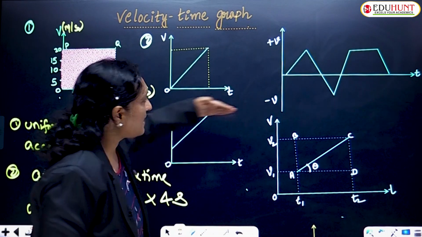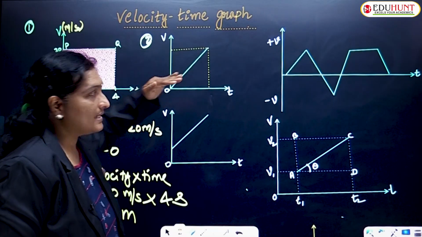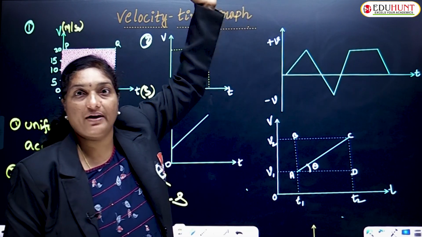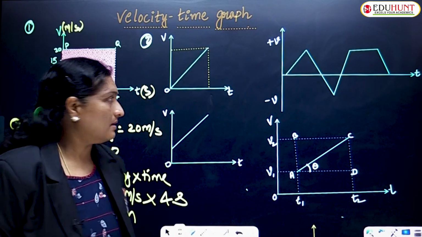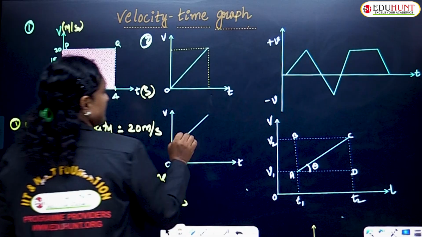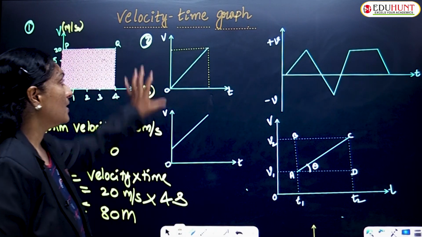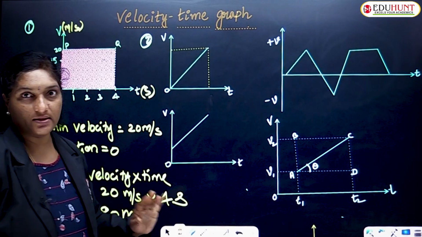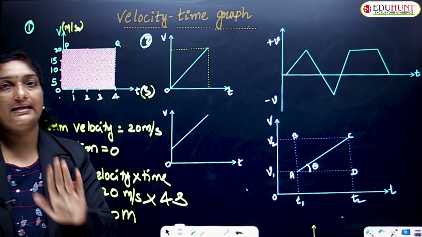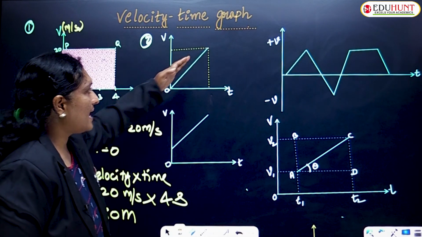As the time increases, the velocity also gradually increases. So the velocity time graph moves away from the velocity axis and also moves away from the time axis. So the slope is non-zero. Some slope is there, which means some acceleration is there. And how is this acceleration?